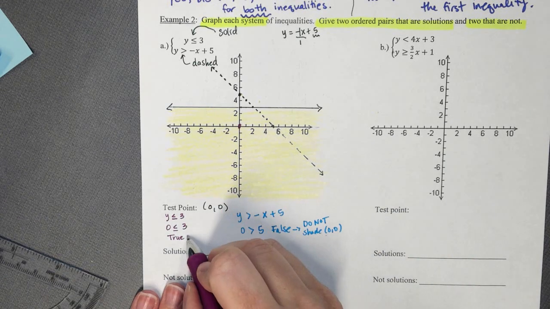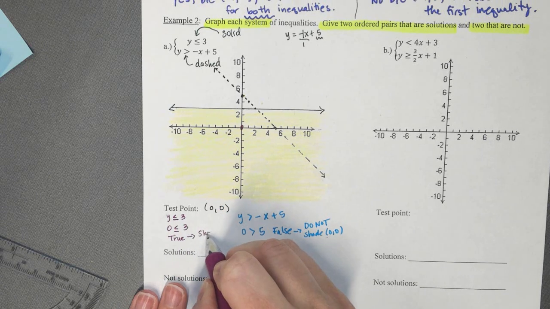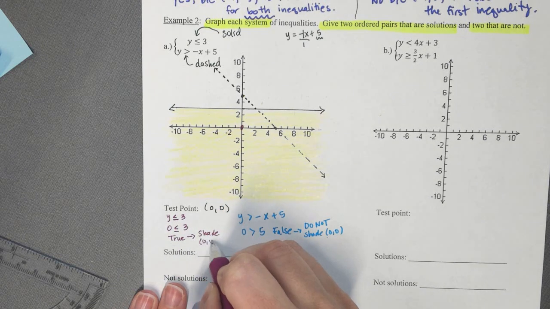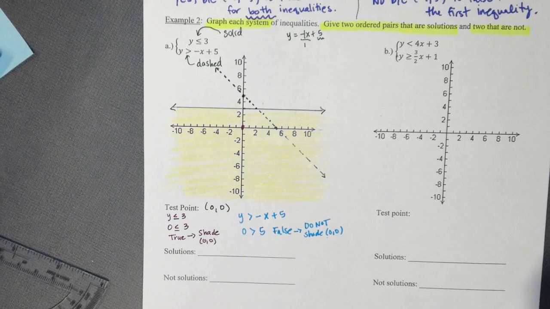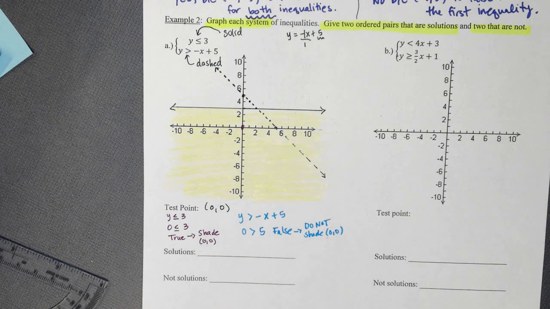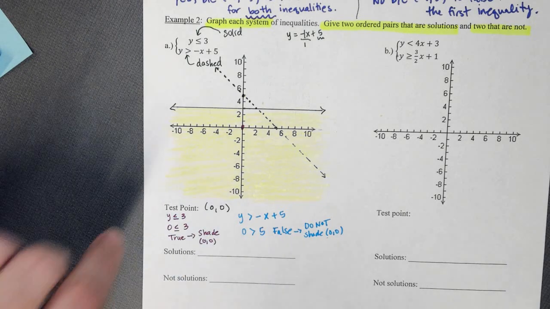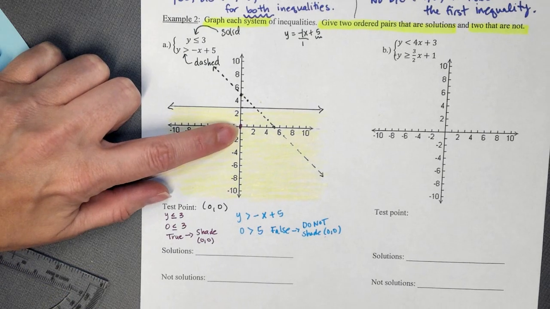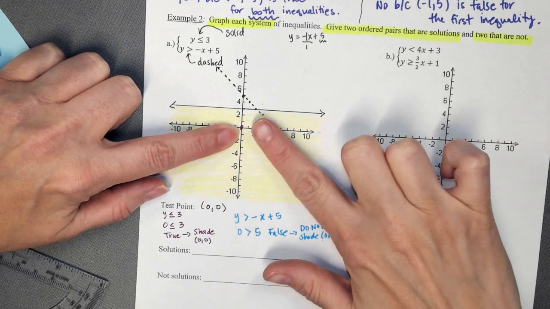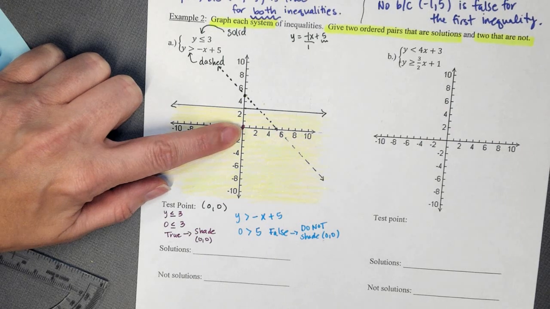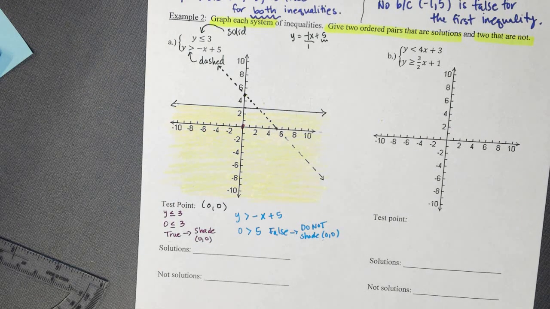Okay, when it is true, you shade the region where 0, 0 is. Okay, so here's 0, 0. So am I going to shade below this line or above this line? Above. So the color that you're going to take is one of the ones on the board.